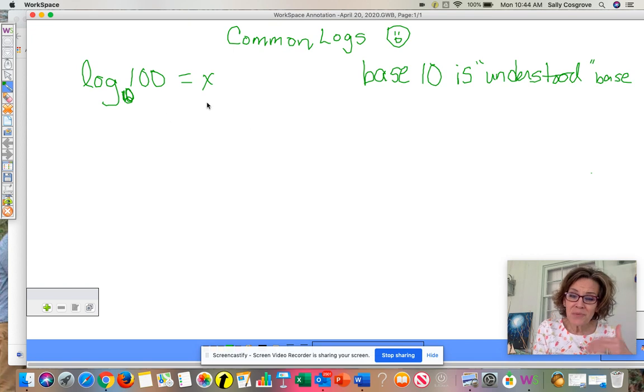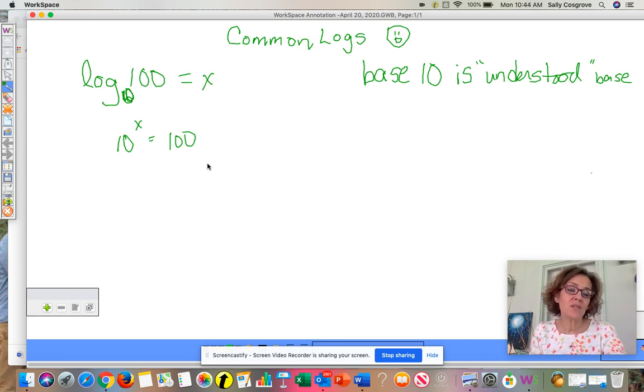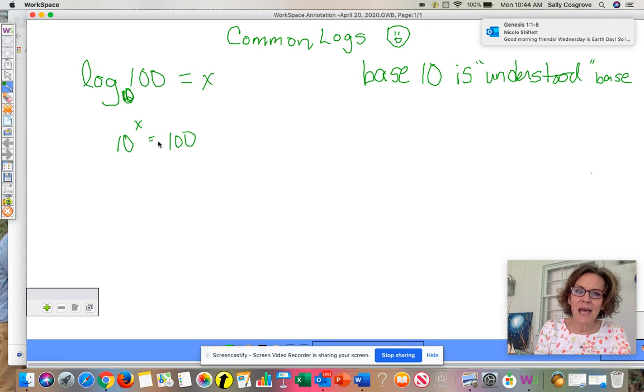Let's rewrite it in exponential form. And how do we do that? Well, base raised to the exponent equals the argument. And guess what? Oh, now your brain's jumping to it, isn't it? Because you know it's base 10. What do you raise 10 to get 100? Well, it's 2. So that's what this is saying. Log of 100 is 2.